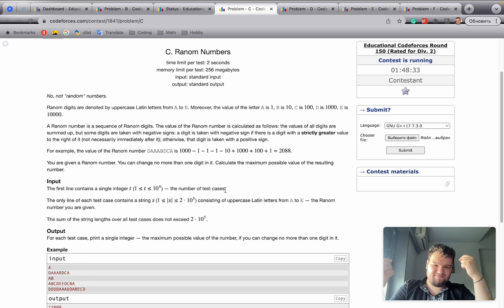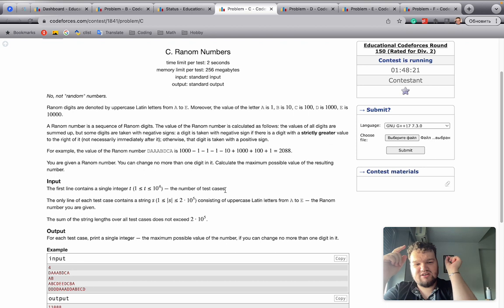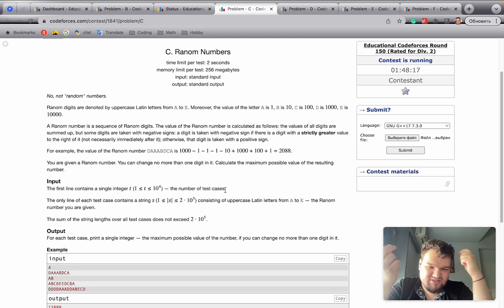As I said, if we're going from right to left, we only care about the maximum digit we have seen. So the DP will have state like the suffix reversed, what is the maximum digit we have seen, and whether we used the one change that we are allowed.